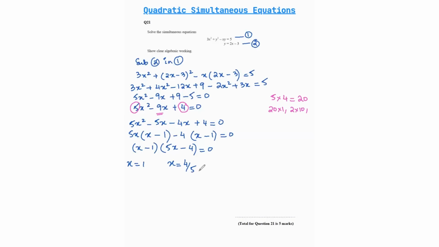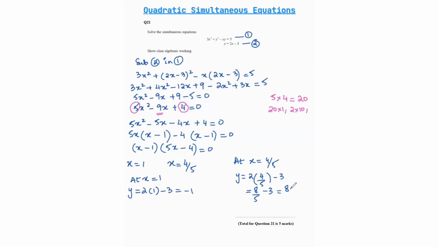Now that we found the x values, we still have to find the corresponding y values to finish the question. So at x equals 1, y is going to be 2 times 1 minus 3, which is negative 1. And then at x equals 4 over 5, y is going to be 2 times 4 over 5 minus 3, which is 8 over 5 minus 3.